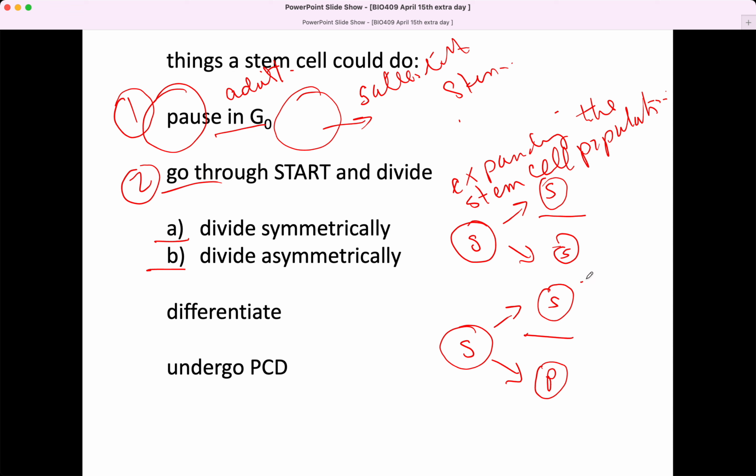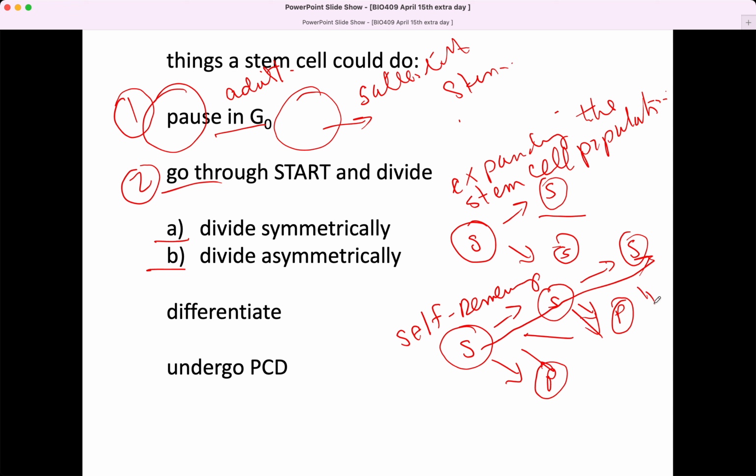It's important to show here that when they divide asymmetrically, the cells are still said to be self-renewing. And that's really what the name stem cell comes from, because there's a stem of cells that is growing like a stem on a branch, and it's producing these precursor cells over time. Okay?